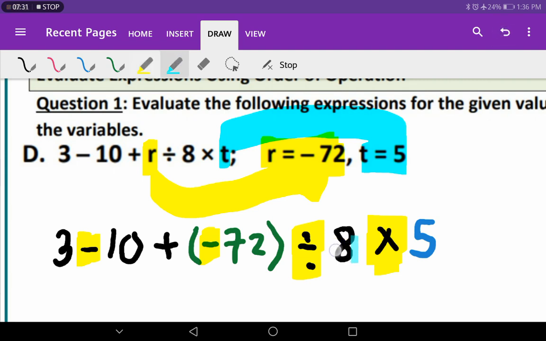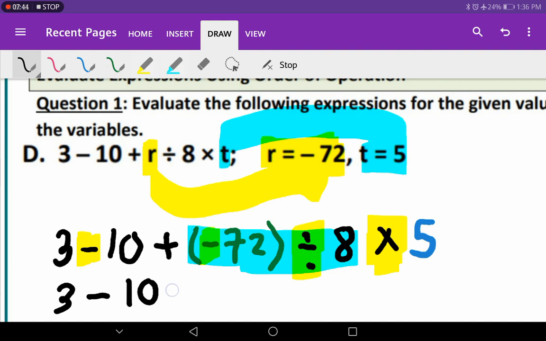It will be negative 72 divided by 8, which is negative 9. So I will rewrite it again. 3 negative 10 plus negative 9. That comes from negative 72 divided by 8, multiply by 5.